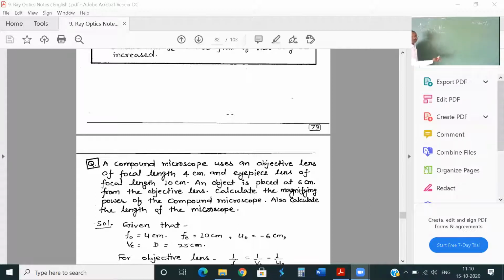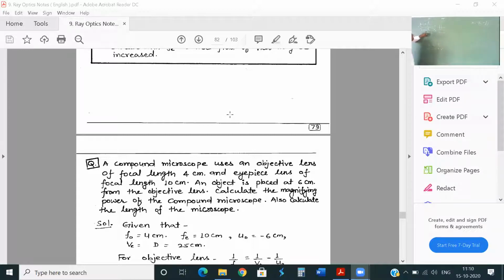1 by V0 minus 1 by U0 is equal to 1 by F0. This V0 we need to find, minus 1 by U0. Because incident rays are going like this and the object is this side, we should measure away from, opposite to the direction of the incident rays, so this should be taken as negative. So minus is equal to 1 by focal length. The focal length will be this side, 4 centimeters, so plus 4.